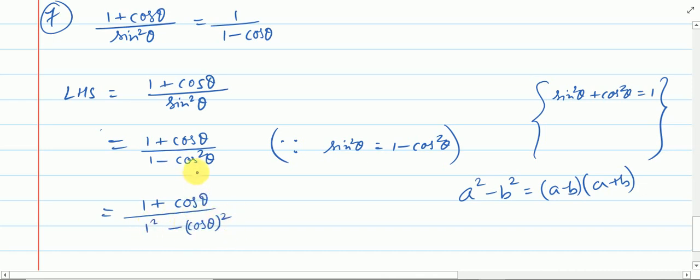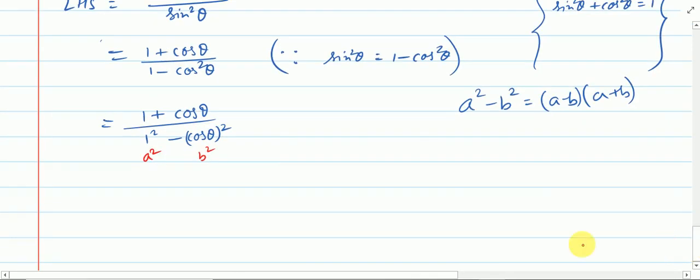Cos square theta means cos theta whole square. So you can see that this is your a square and this is like b square, where a is 1 and b is cos theta. So using this formula, when you factorize you get this.